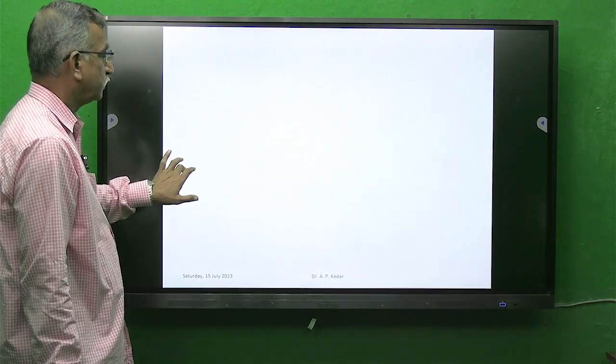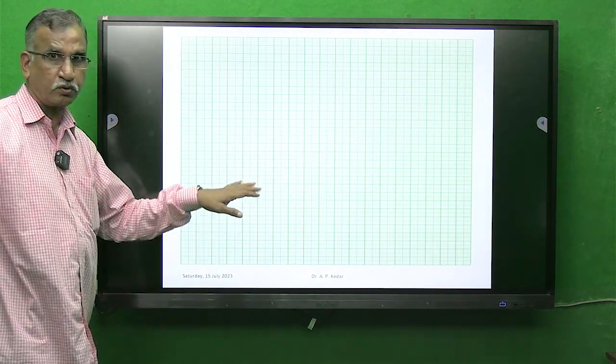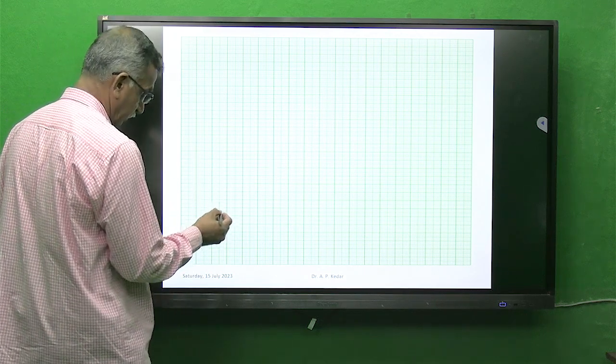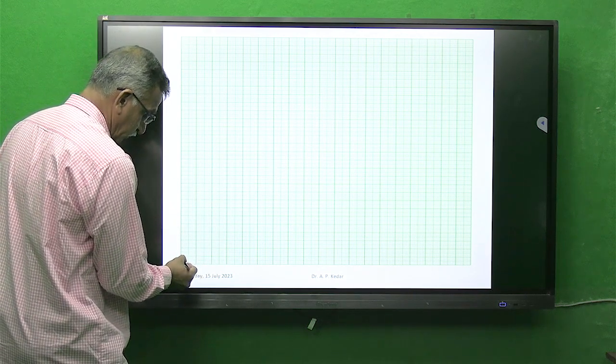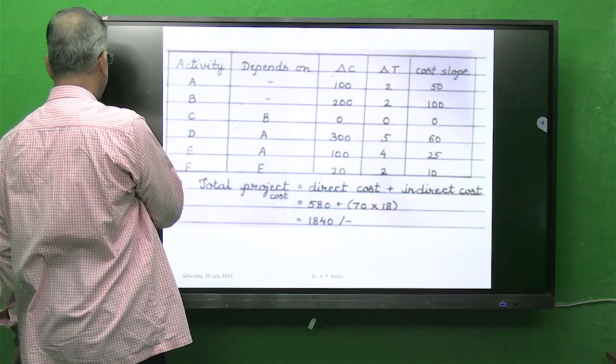Now see here, this is the graph paper. Now what you have to do on this graph paper? You have to start from this 0, mark this as 0.